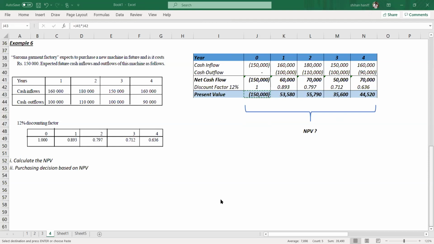Right? So what is the answer? The NPV is 39,4.